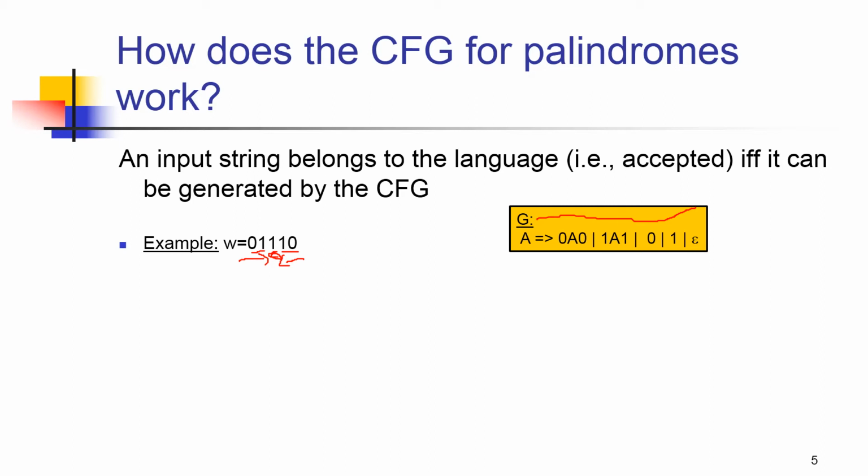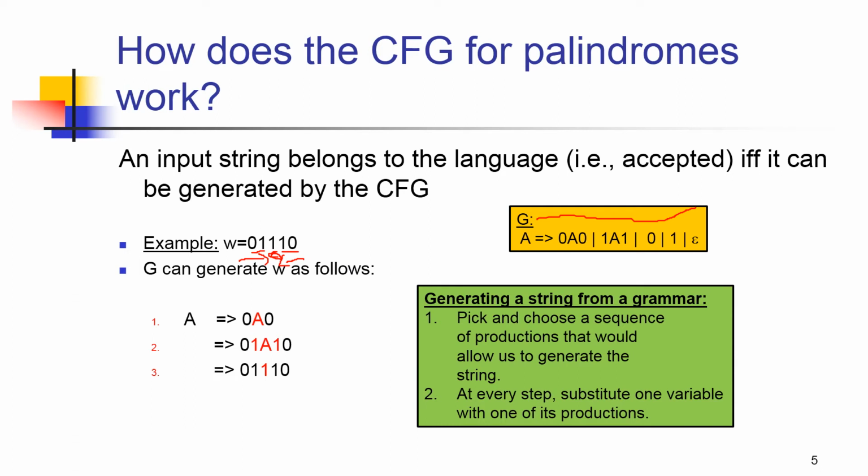Now if it is palindrome, can we generate this particular string from the given grammar? Can we derive it? So let's see how to derive it. As we have earlier done, the rule says to pick and choose a sequence of productions that would allow us to generate the string. At every step, substitute one variable with one of its productions.